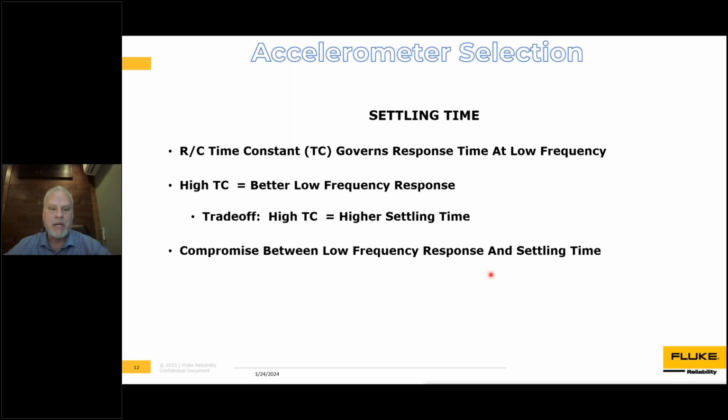So bottom line is a good low frequency sensor would have a long settling time, both from temperature and or shock, if you were using it for portable data collection. So we compromise, right? Most accelerometers compromise between that low frequency response and that settling time. It is a built-in factor of the accelerometer, and it has to do with the output circuitry of those amplifiers.